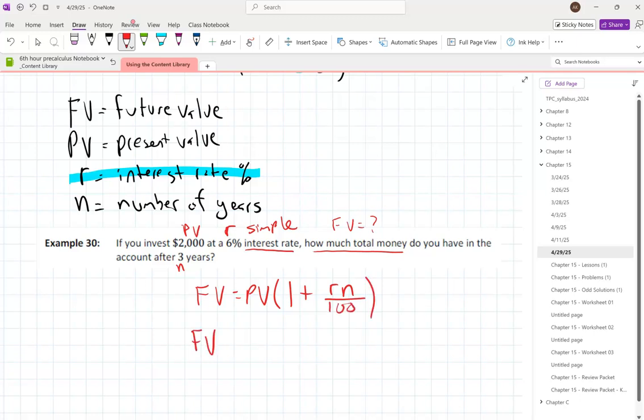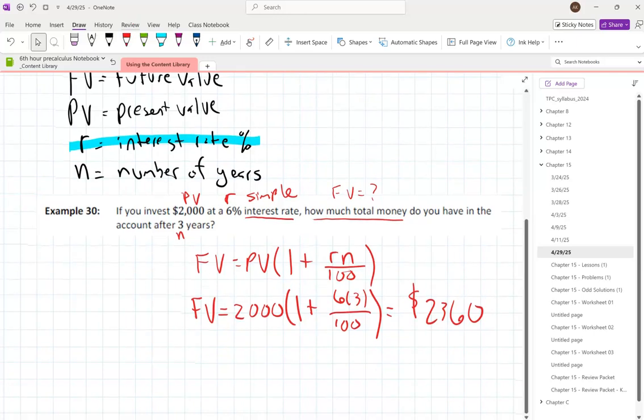So when we plug this in, we end up with $2,360.